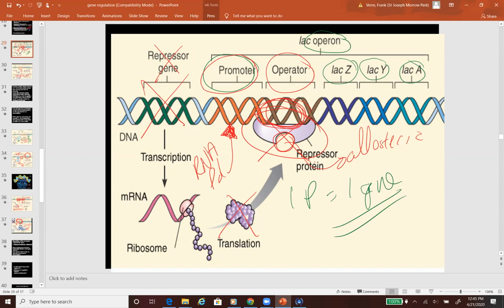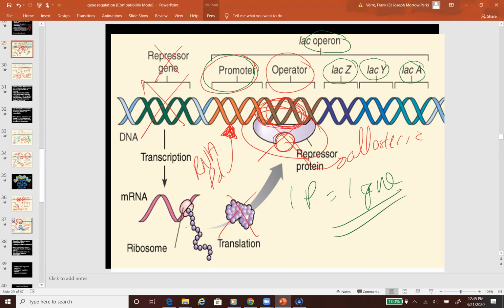Okay. And this, by the way, is how they actually figure stuff out in genetics. They do these knockouts where they knock out a gene to see what the effect is. So for instance, if you knock out the repressor gene and you see that the Lac Operon is always on, then you know that the repressor gene is involved in regulating the Lac Operon.